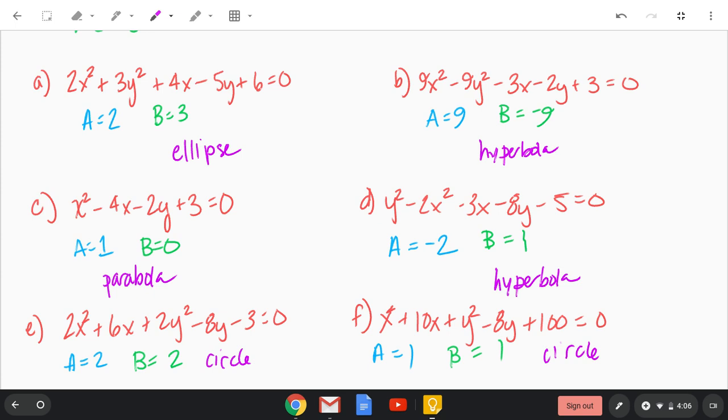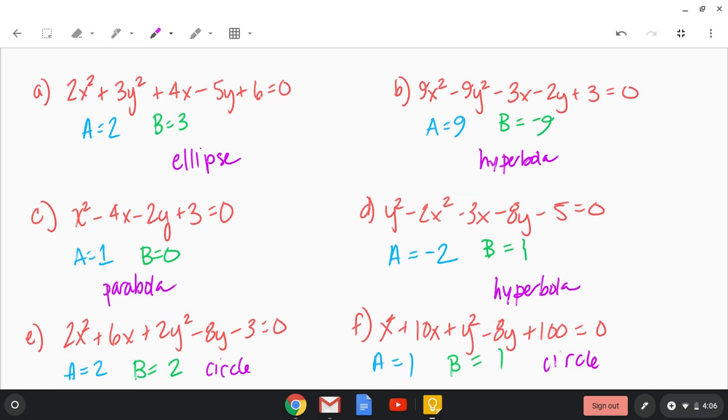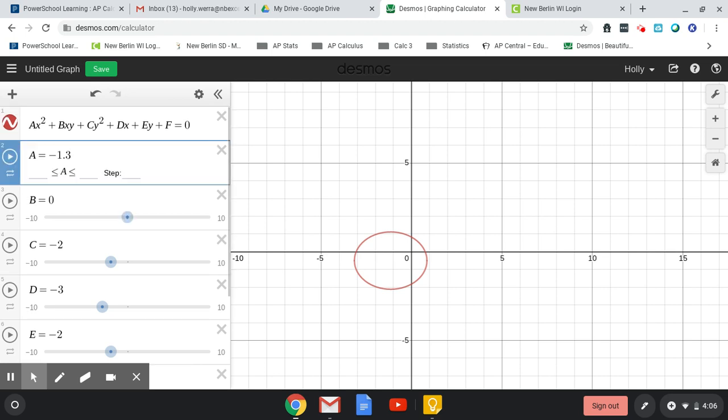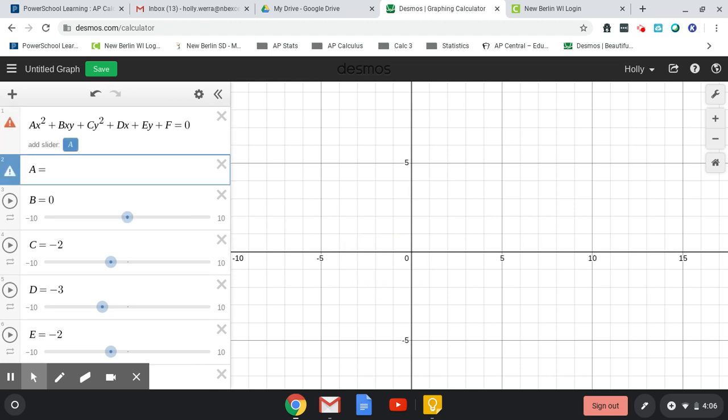Okay, easiest way to tell if it's degenerate, again, just graph it. Trickier is you'd have to complete the square, and I'll show you that too. But first, we'll figure out which ones we need to do that for. So we're going to graph all of these using our little Desmos tool here. Okay, so starting out with A, we would have A was 2.